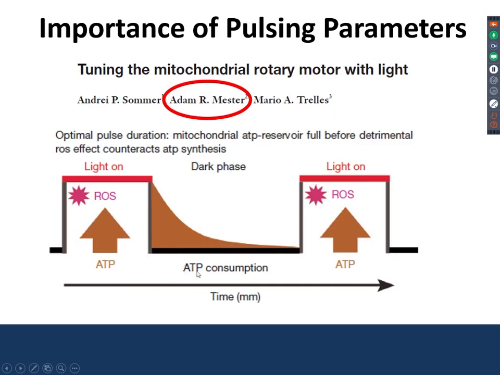So muscle cell compared to bone cell compared to a neuron, they all, of course, have different metabolic rates. And therefore, if we pulse the light at different frequencies, we may in fact be able to achieve a greater effect.